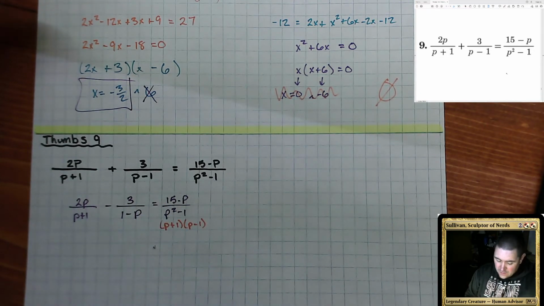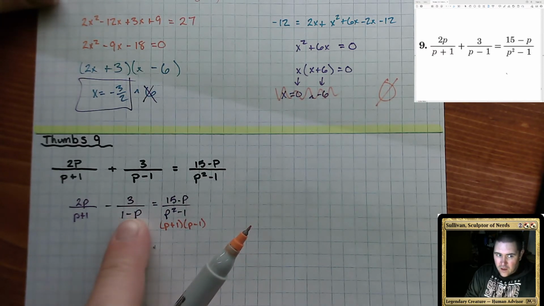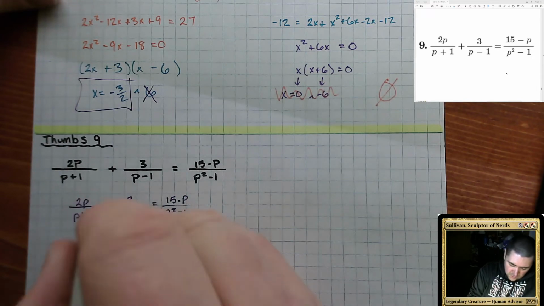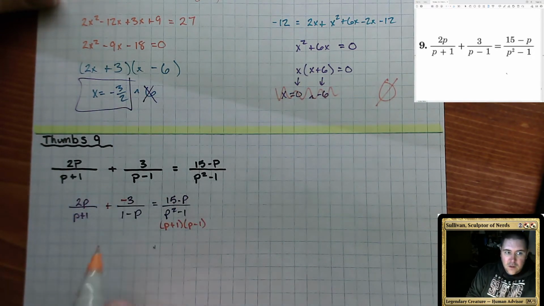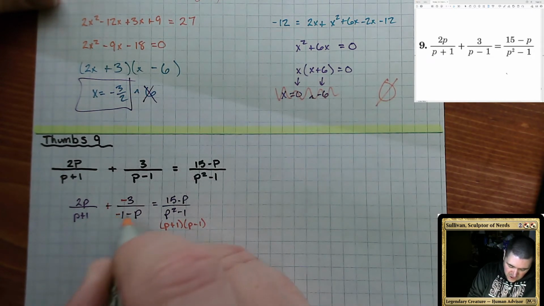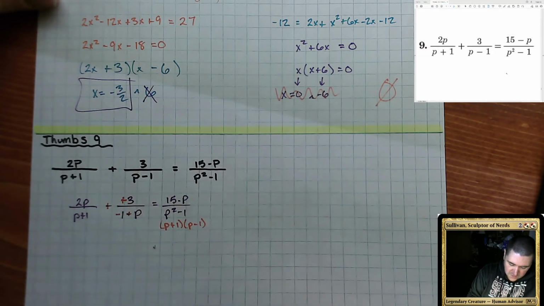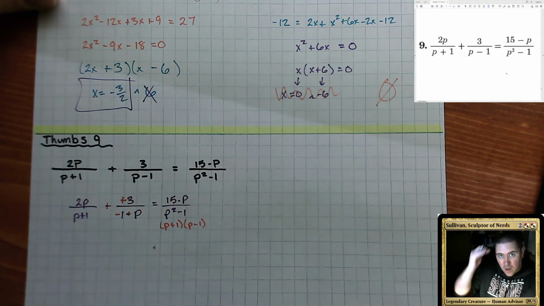Not the case. Be aware of that. What I would do is plus a negative. I would recognize this isn't the way that I want it to be, so then I would just change all the signs, because that's the same as multiplying by negative 1 over negative 1 to get this.